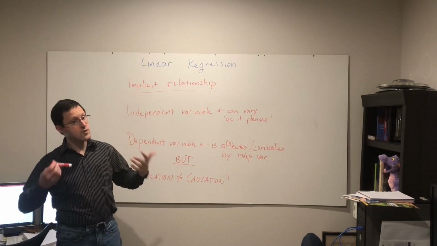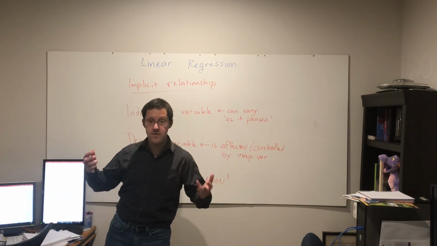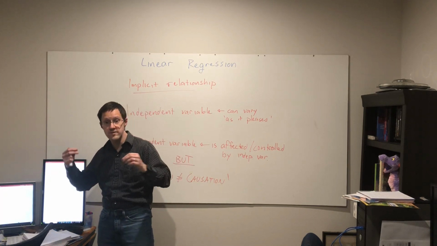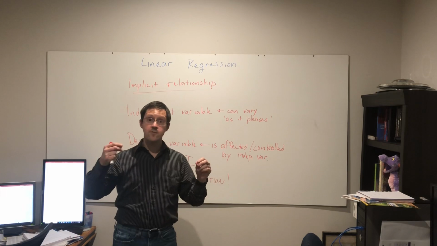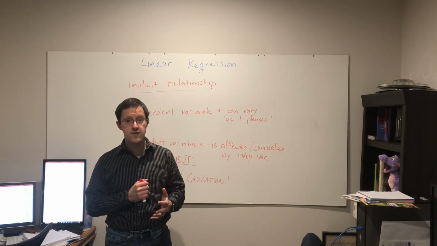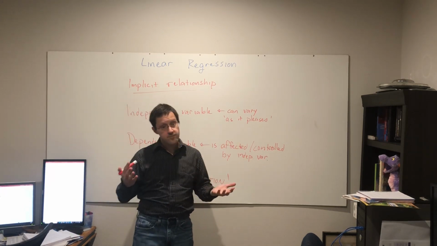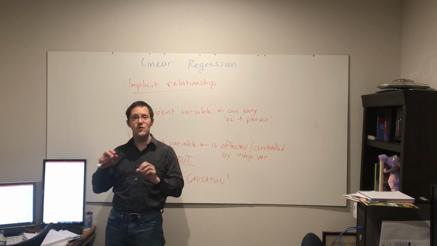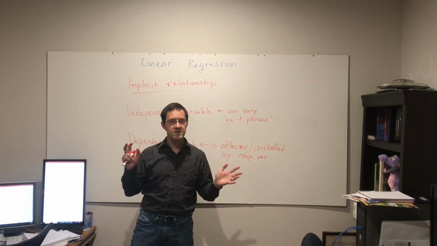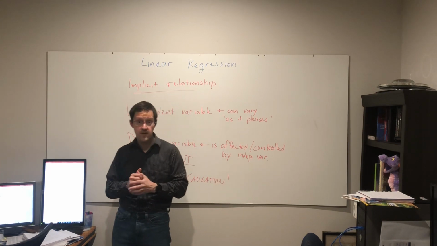So even though regression is building in and working with this implicit relationship of the dependent variable, its changes are based, at least in part, upon changes in the independent variable. When it comes time to do the write-up, don't just blindly assume that one must be causing the other.